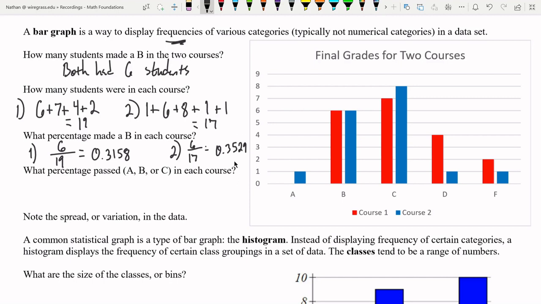Now, what percentage passed, got an A, B, or C in each course? So we're just going to add up how many got A, B, and C in each course, and then divide by the total. That's how we get the percentage.